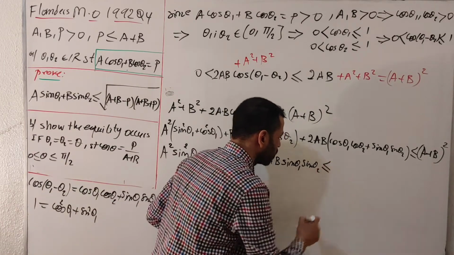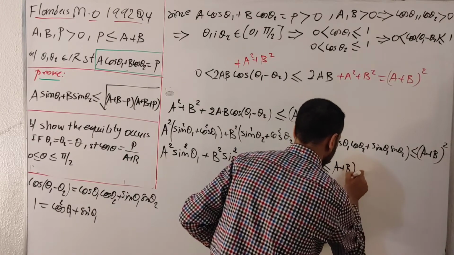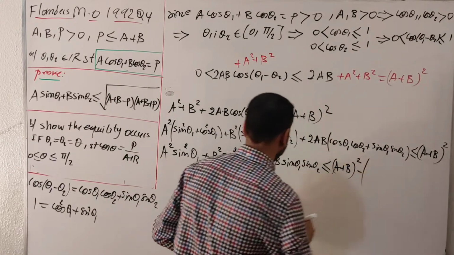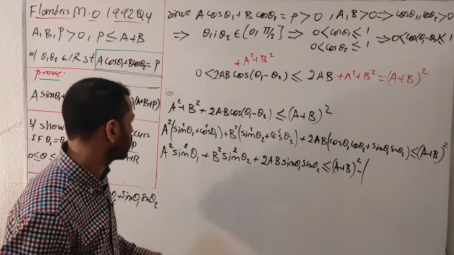Then I'm going to put it inferior or equal to this capital A as I have before, quantity square, minus, I'm going to put all the cosine terms on the right hand side of this inequality.